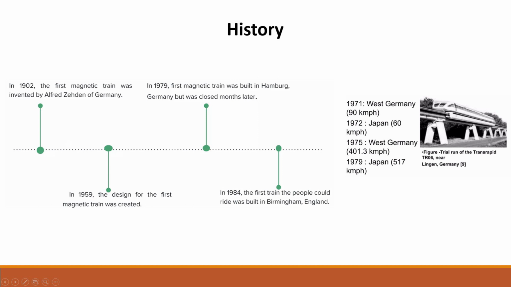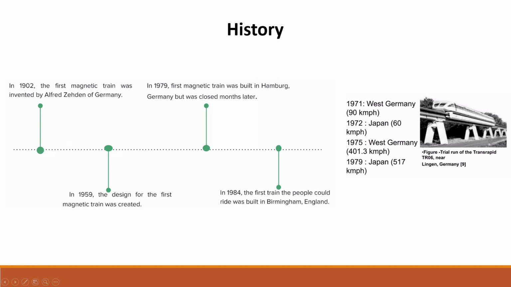The research began in 1902. The first magnetic train was invented by Alfred Zehden in Germany. And in 1959, the design for the first magnetic train was created.